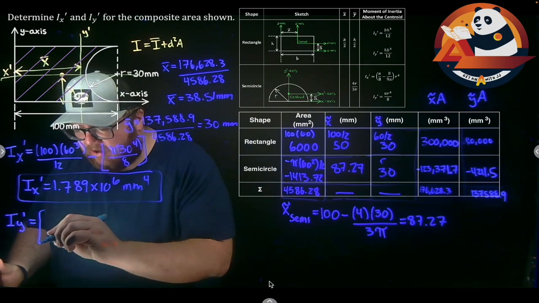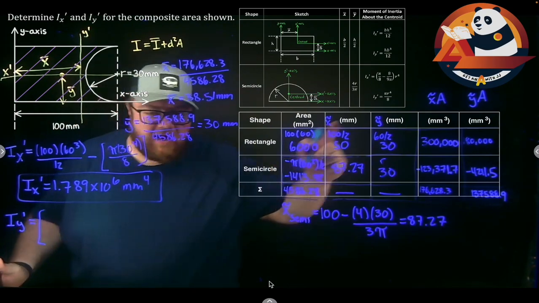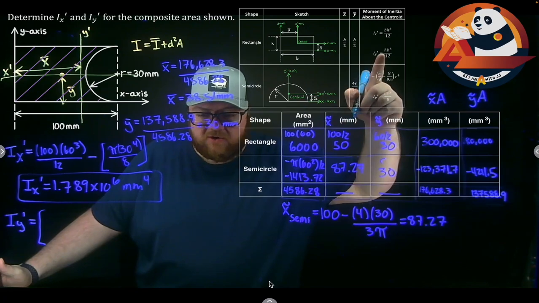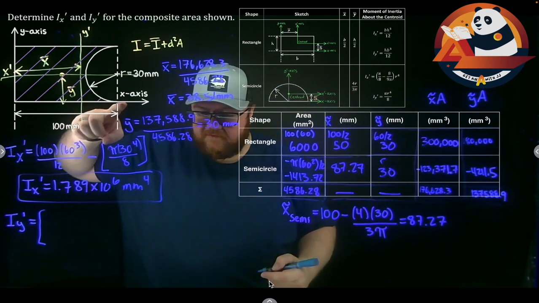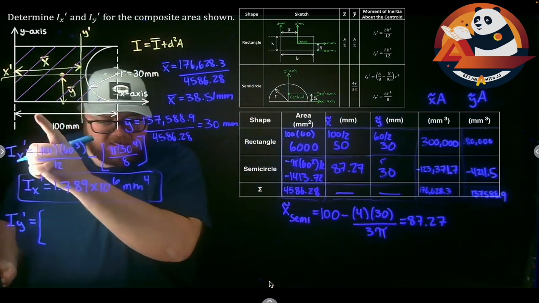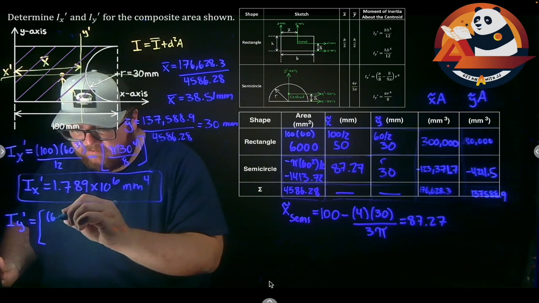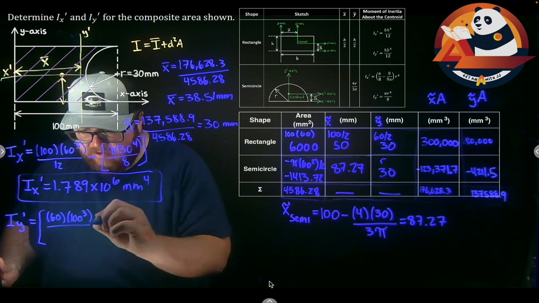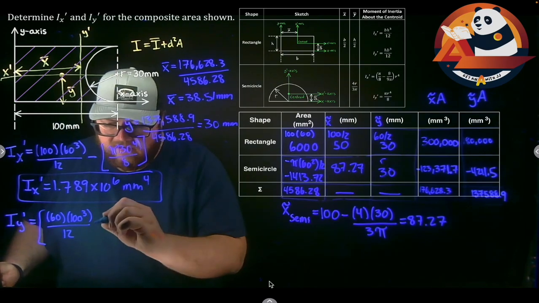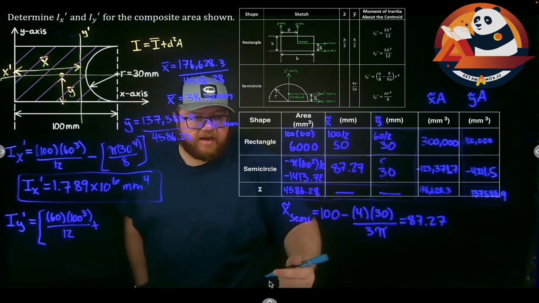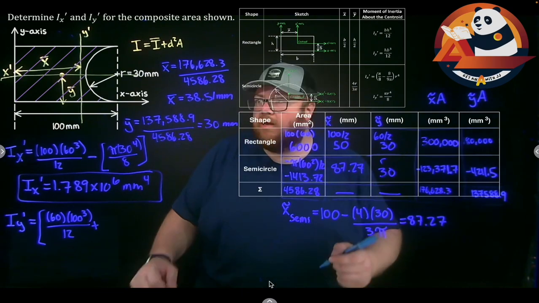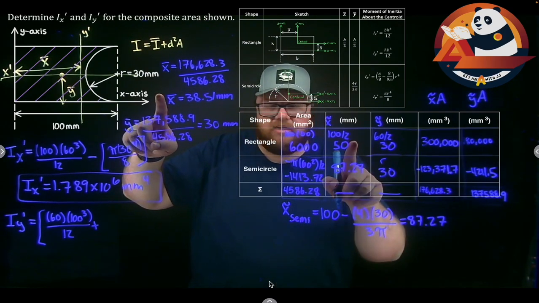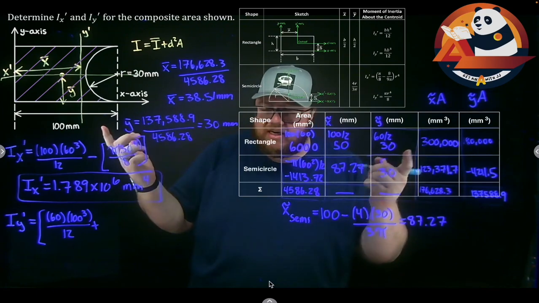So for shape 1, we would have height times base cubed over 12. My height is 60. My base is 100. So 60 times 100 cubed over 12 plus d squared A. My distance here should be from x bar to x tilde. We could write that x bar minus x tilde squared.